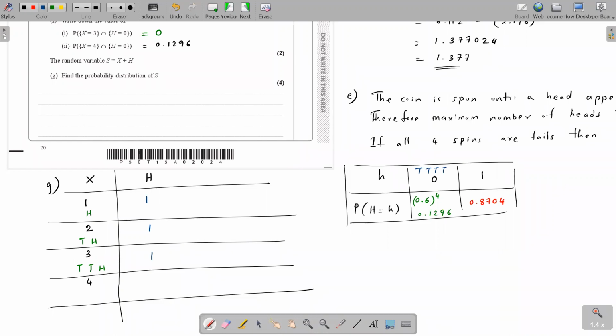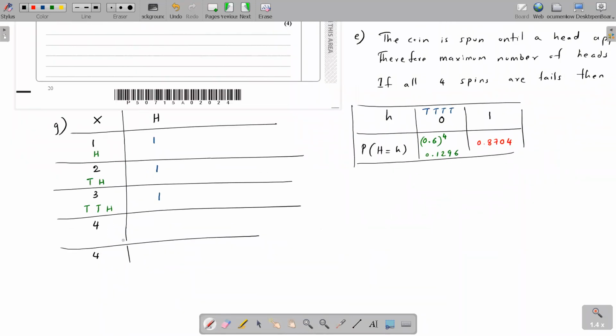Okay, now in the 4th one, you have a little bit of a problem, right? When X equals 4, do you remember how many parts there are? There are 2 parts. So I will write it in two lines. I'm breaking X equals 4 into 2 lines. I think you understand why I break it into 2 lines, right? Because there are 2 ways to get X equals 4.